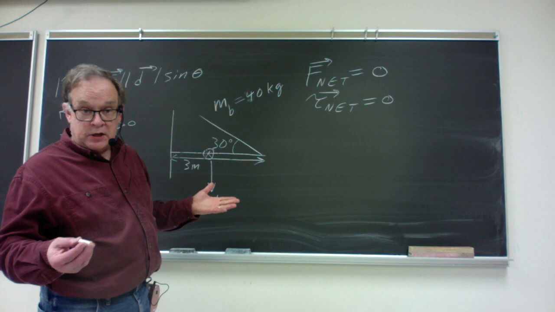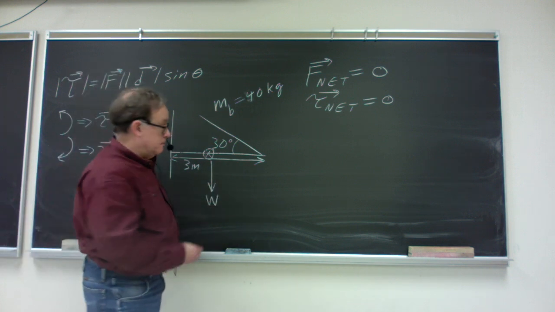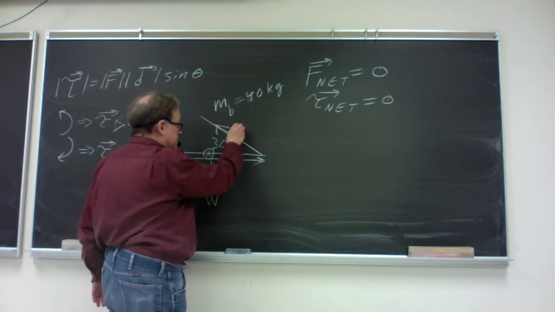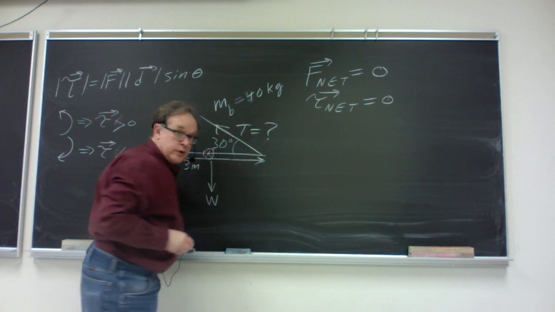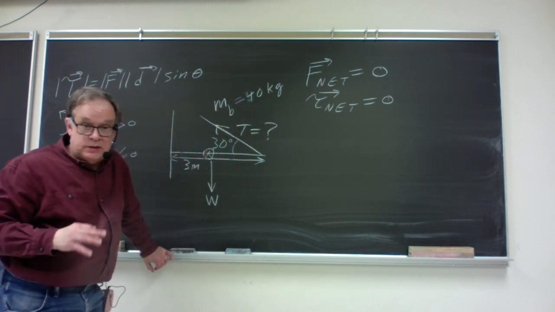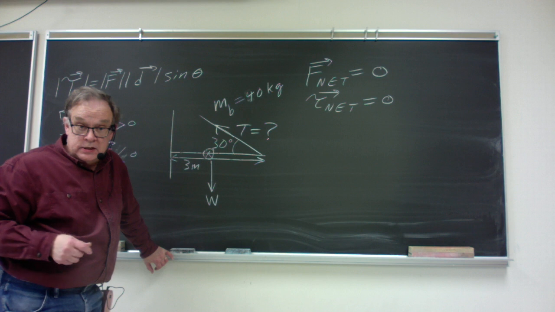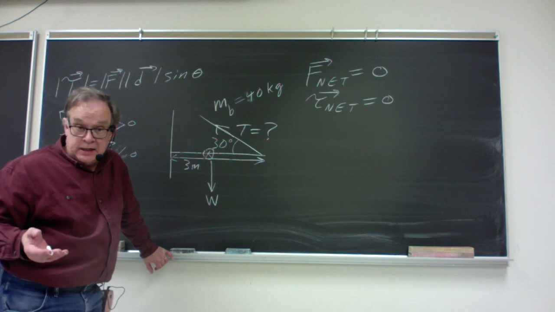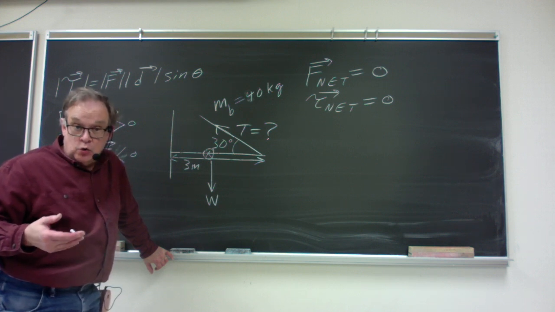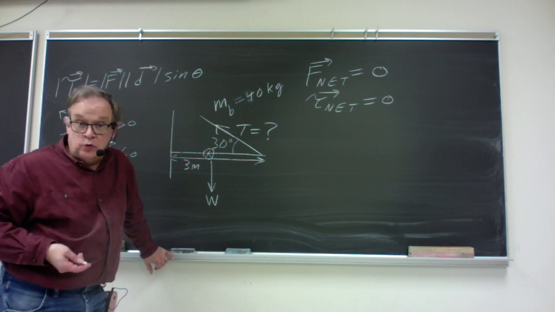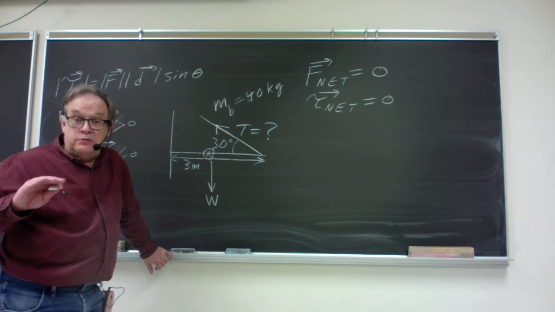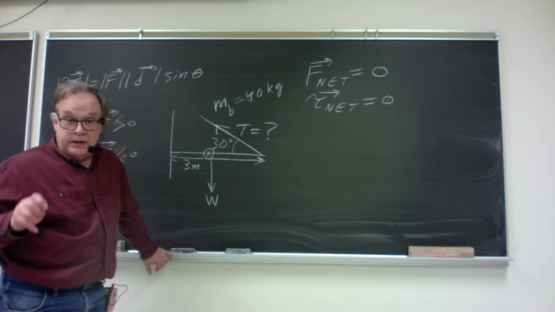So the way we start this question, what we're looking for is to figure out how strong that tension force is. The way we start is the way we always start. What forces are acting on the thing, and what directions are those forces pointing? Now we have to add one extra little wrinkle.